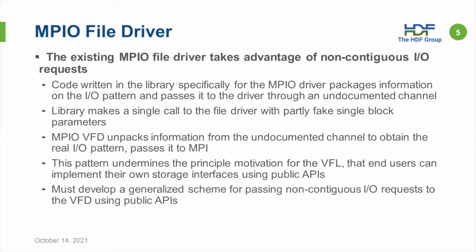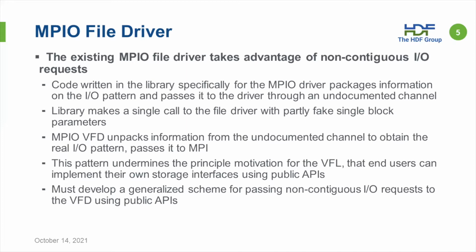All right. So you might be wondering about MPIO, because we support collective reads and writes with the MPIO file driver, and the way we do it is we build a complicated MPI data type. The way it works right now is we have this sort of backdoor channel, which runs through an undocumented property in the property list that gets passed to the file driver.